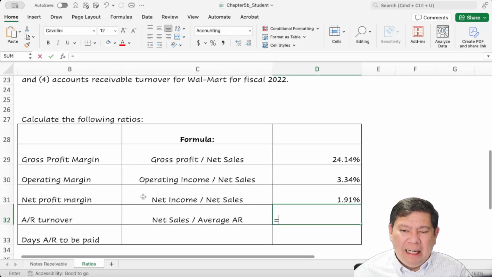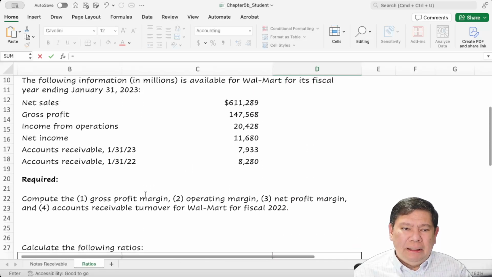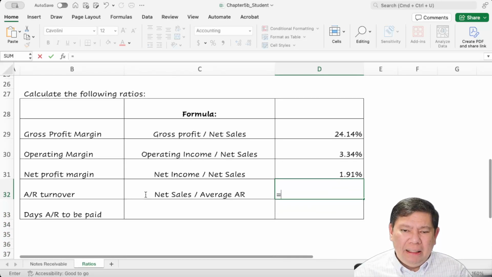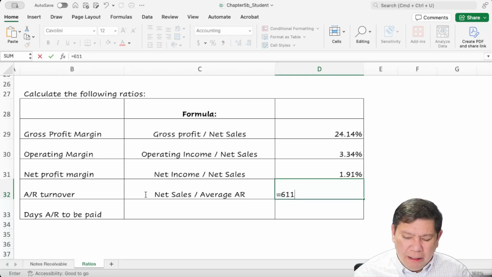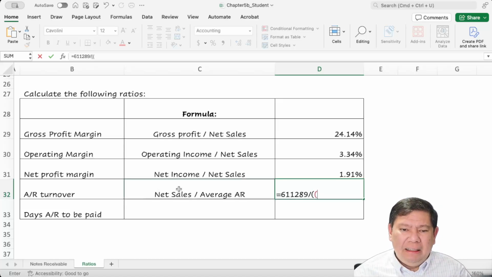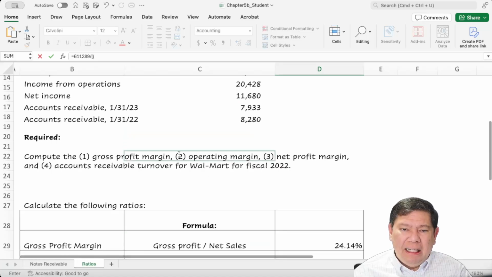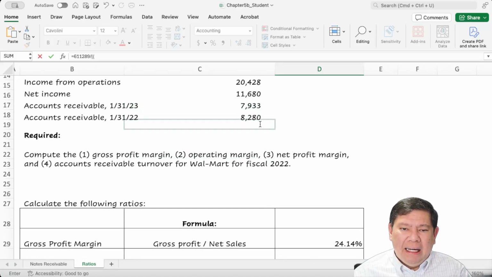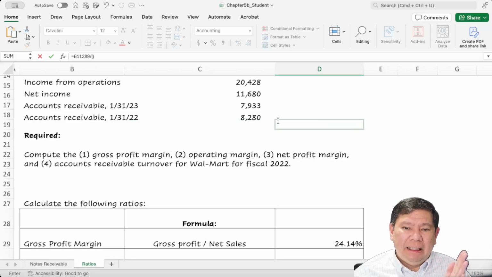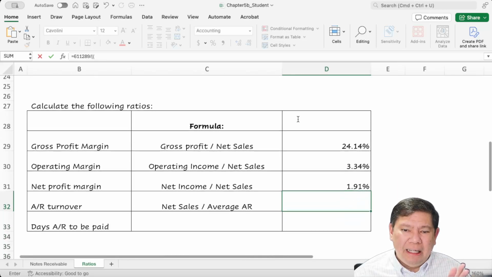Net sales, which is 611,289, divided by bracket, because we have to do the average here, 7,933 and 8,280 divided by 2, because the beginning balance is 8,280, the ending balance is 7,933, so we can calculate the average.